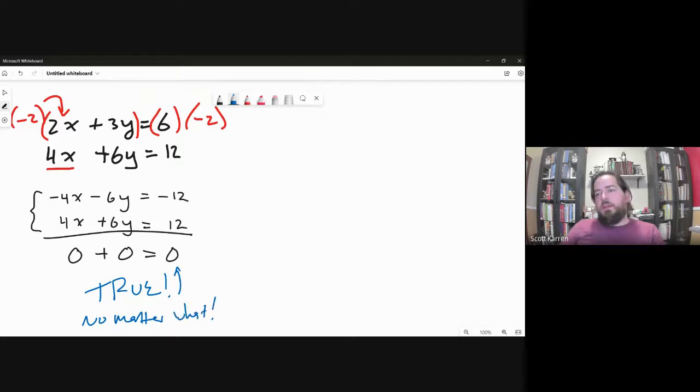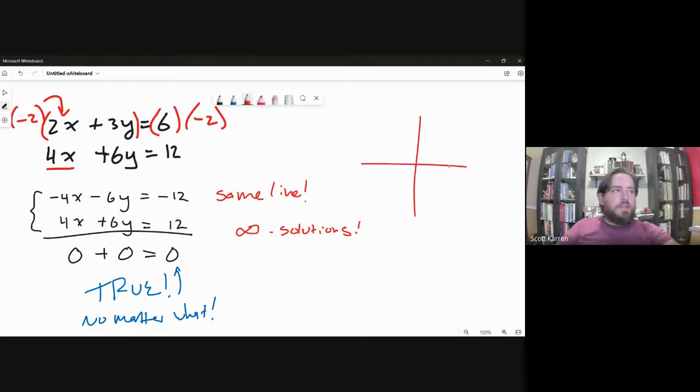And you have to be careful with the term no matter what. But that just means that these guys are the same line. So there's an infinite number of solutions. And that's not to say that everything's a solution. It just means that there's an infinite number of them.